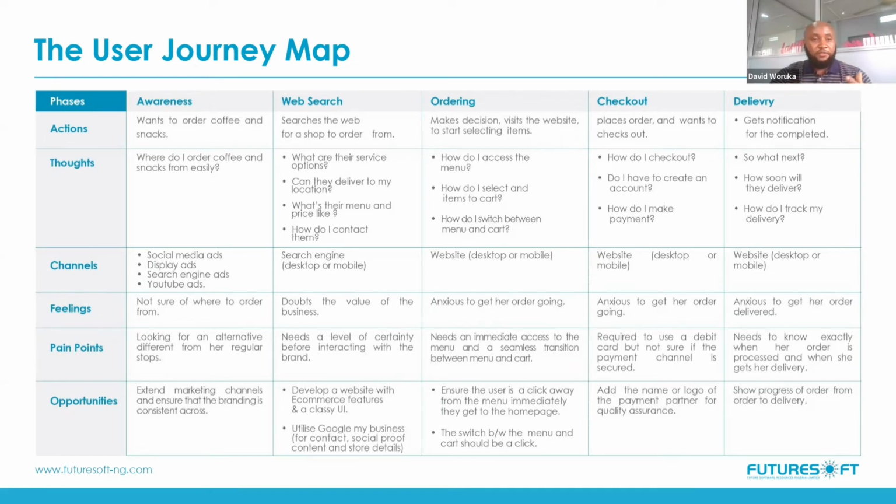So for this one, if Tina is yet to be aware of you and she wants to order a coffee and snack, what is Tina doing at that point in time? She wants to order a coffee and snack. What is she possibly thinking? She's that lady who is on the go. She's looking for new experiences. She likes everything. At that point, she's thinking, okay, where do I order from quickly?